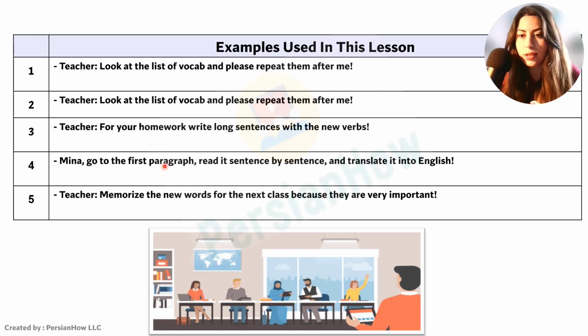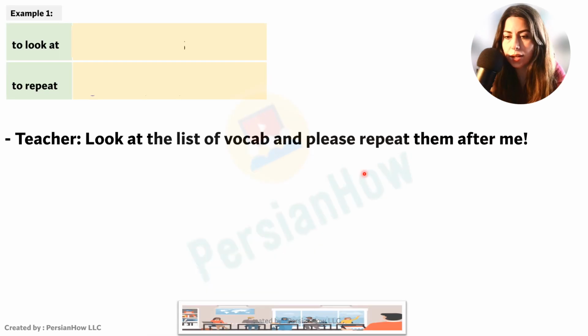So these are some of the common sentences or imperative forms that a teacher tells the students. So we are going to go over the sentences one by one. So we are going to start with the first example. Again, imagine there's a classroom, there are students there, and there's a teacher there, and the teacher is telling the students something like this. Look at the list of vocab and please repeat them after me.